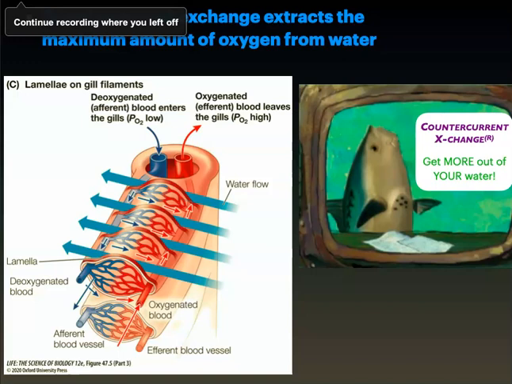We see the setup here. It's a little bit more complex than what we talked about with the countercurrent exchange with heat conservation. We have a couple different things going on. We have water. Water is moving from right to left. We have blood vessels flowing into the gill area. We have blood vessels flowing out of the gill area.